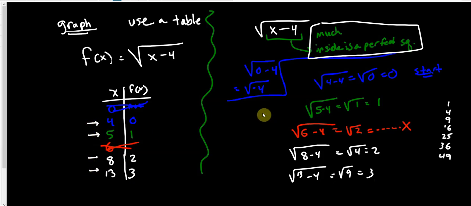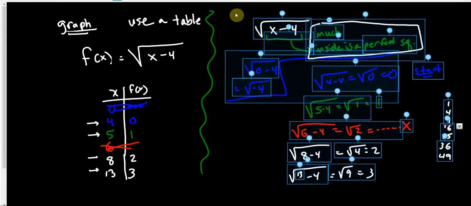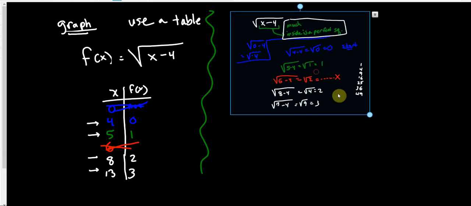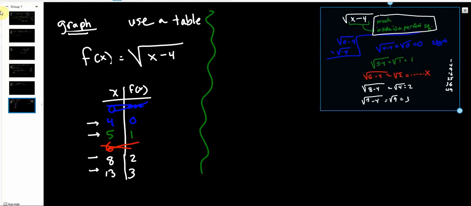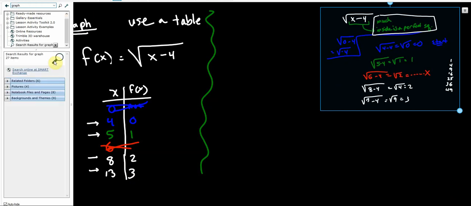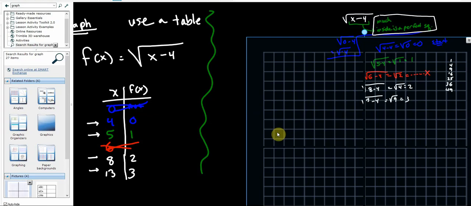What I may do here, so I can see nicely, is minimize all this work, get it out of the way. If you need to look at it, you can rewind it and pause. We'll shrink it down. Let me get a piece of graph paper really quickly. There's a nice piece.